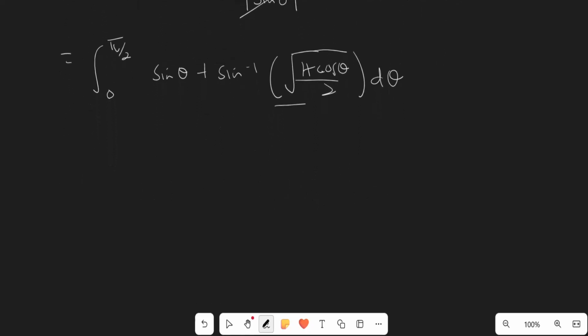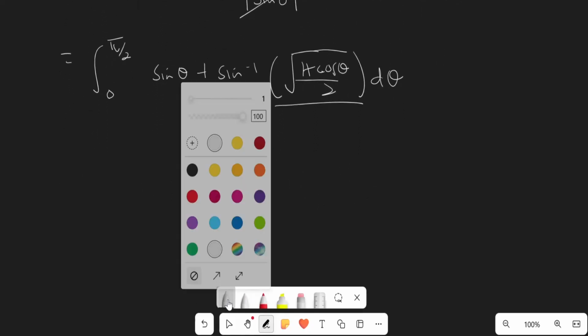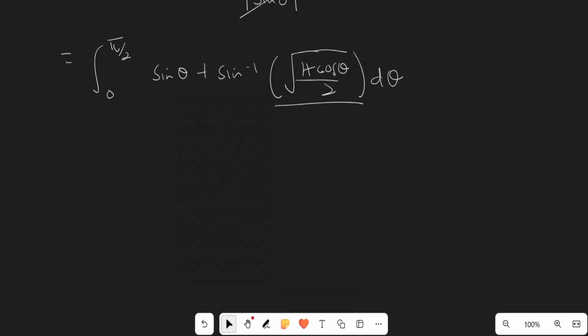So let's tackle this one now. With this one, we know that cosine of theta can be written as cos squared theta over 2 minus sine squared theta over 2. That is using the double angle identity. And we know that sine squared theta over 2 is going to be 1 minus cosine squared theta over 2.